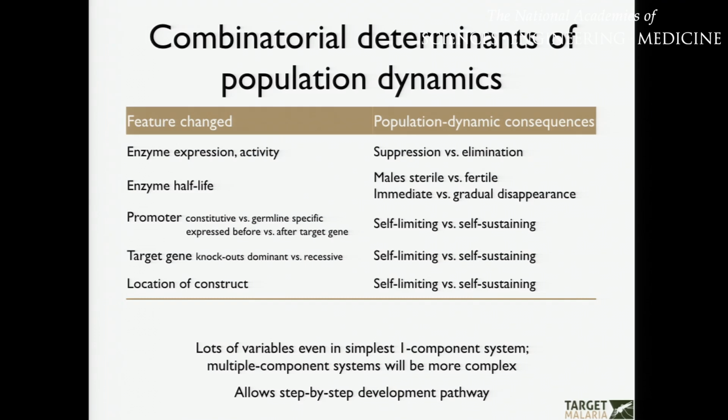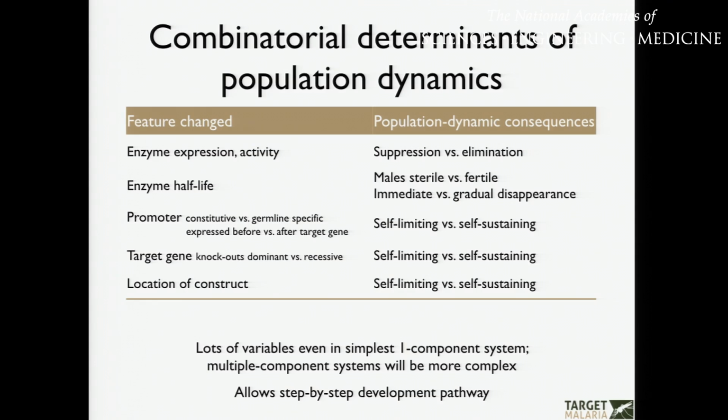So enzyme expression or activity can make the difference between population suppression versus elimination. Changing the half-life of the enzyme, we have found, can lead to a male being either sterile or fertile, and so can lead to either immediate or gradual disappearance of a construct from a population.